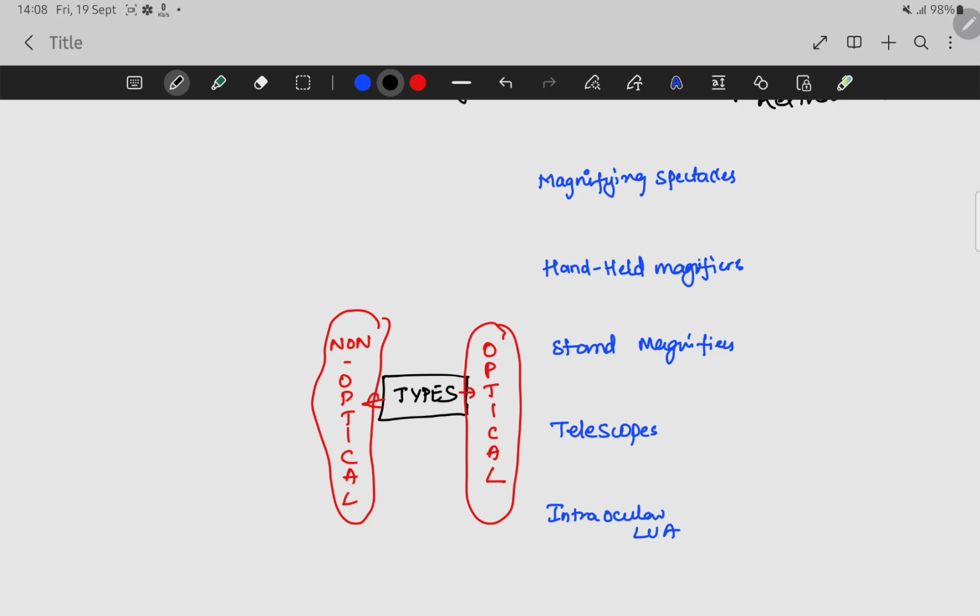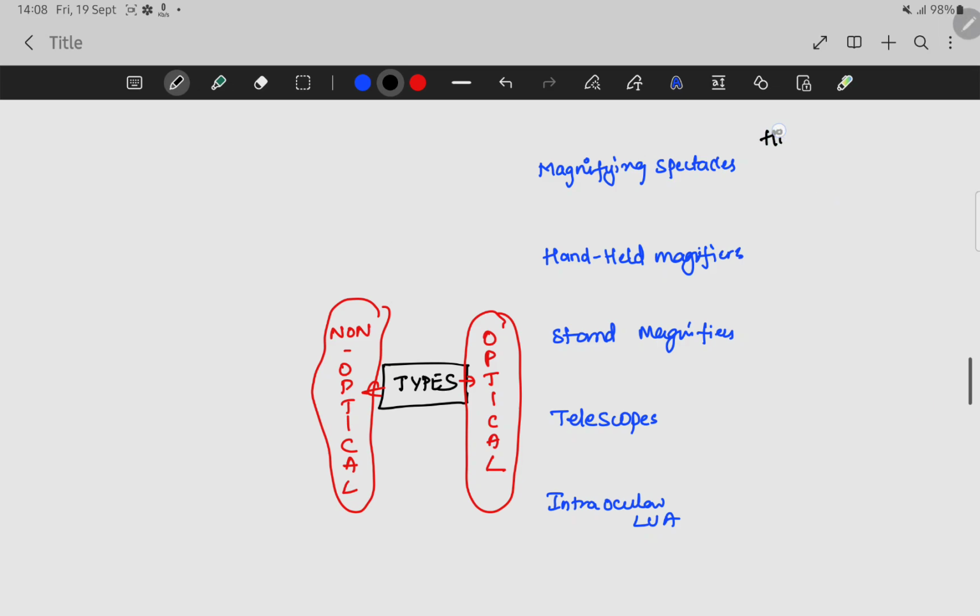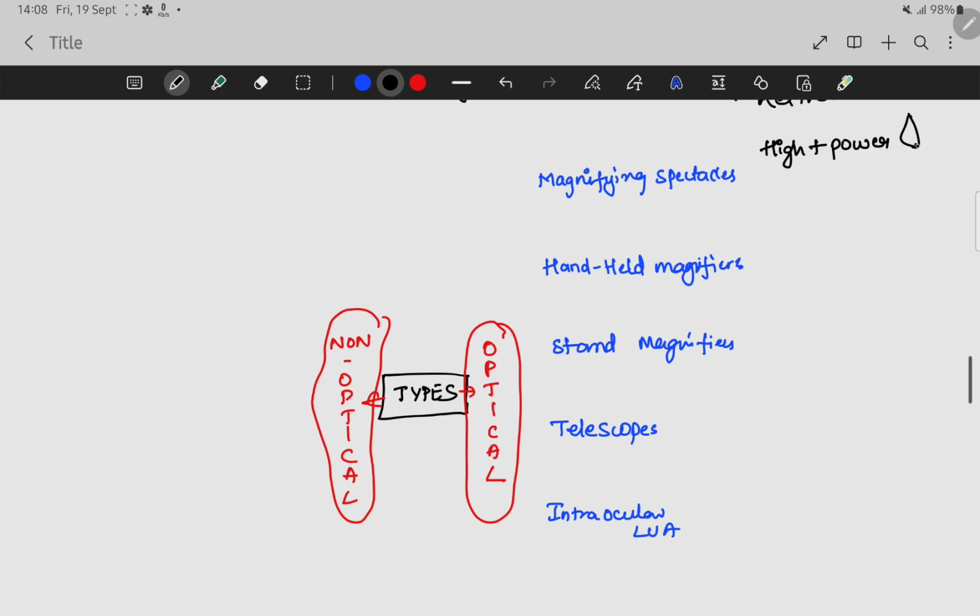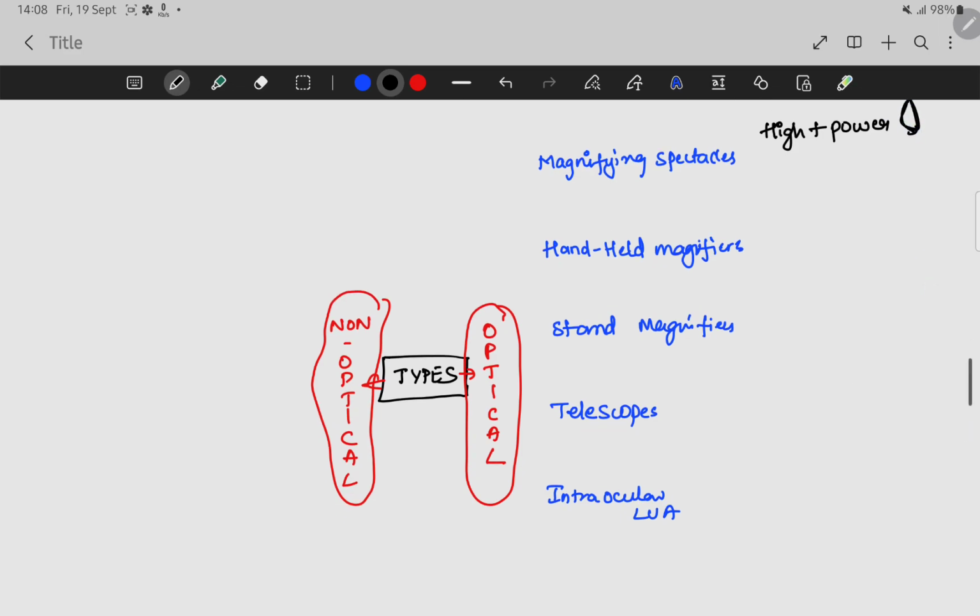So what are these magnifying spectacles? These are spectacles which have high plus power, that is, convex lens. The advantage is that it has more field of vision, and it can be used for both binocular or monocular conditions.